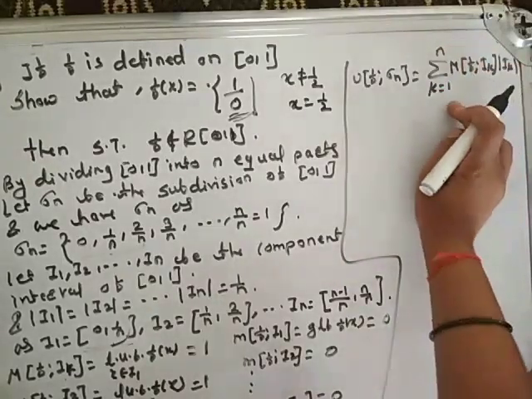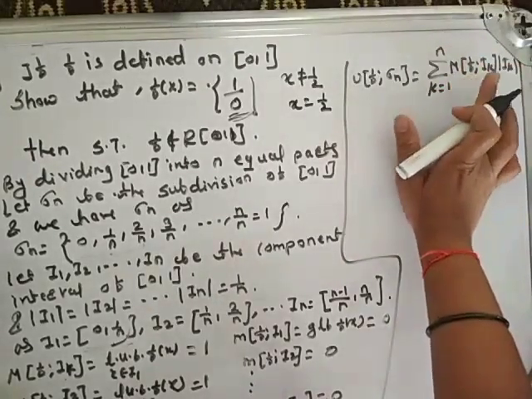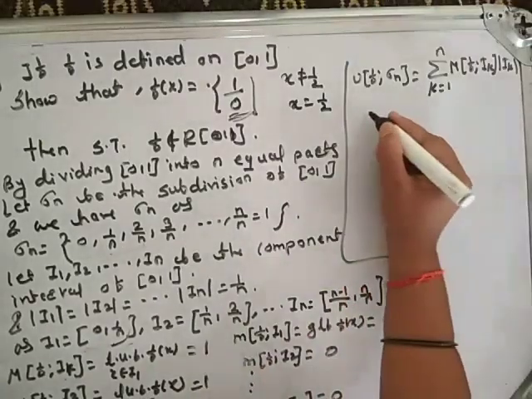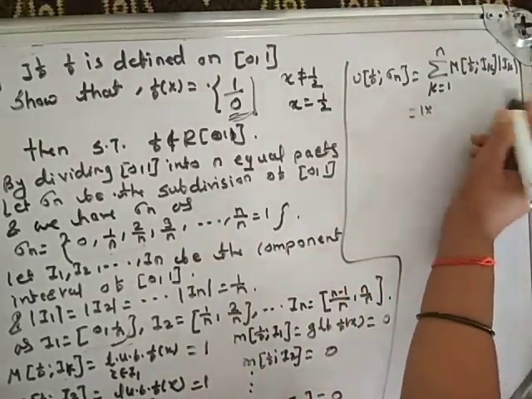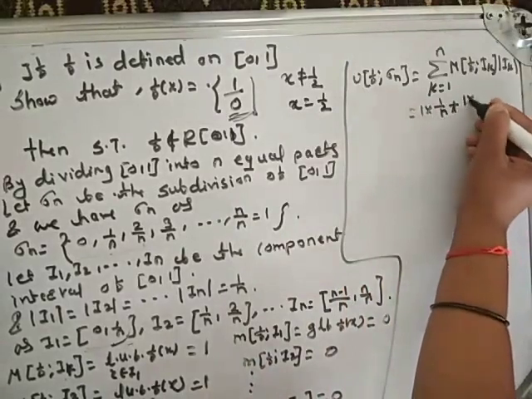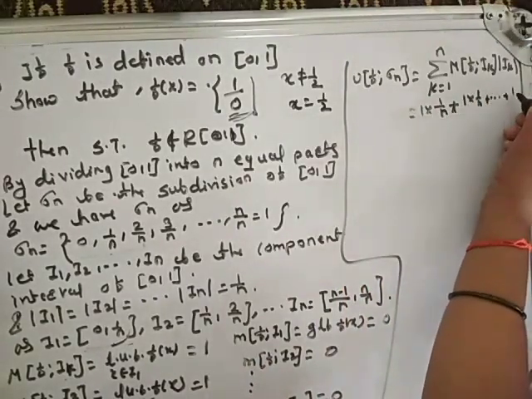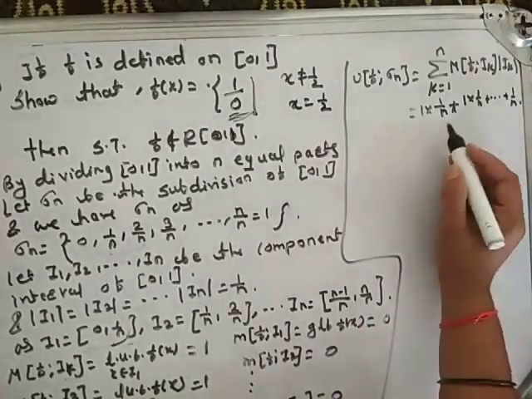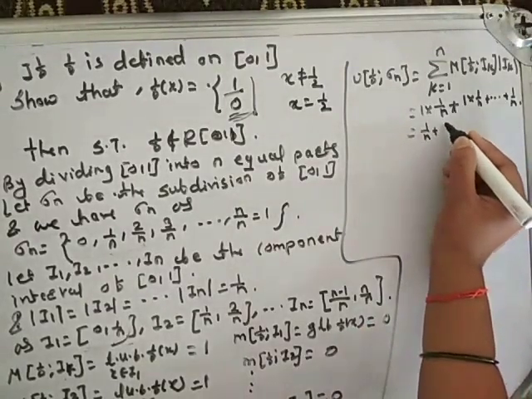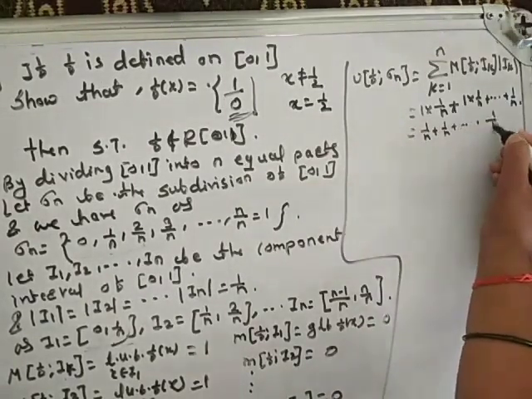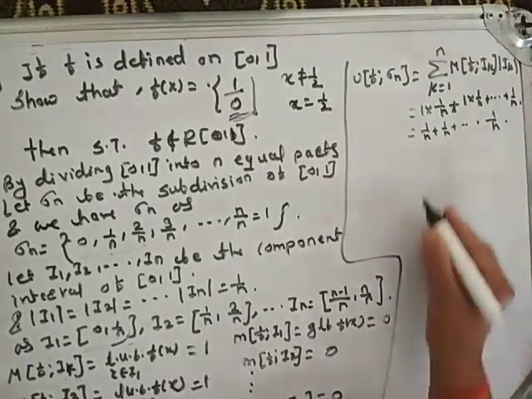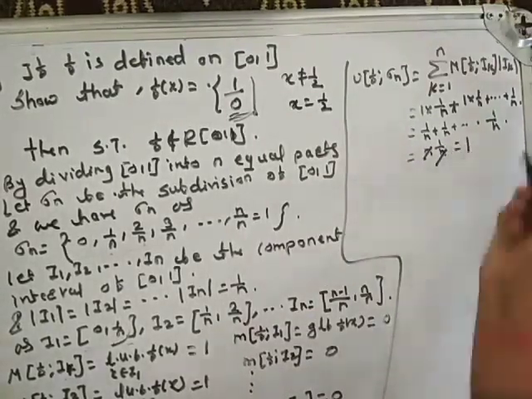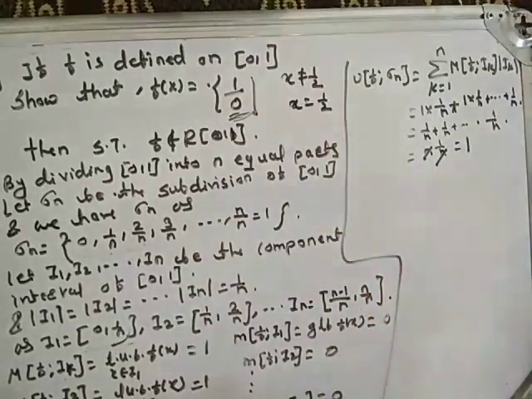If you put k equal to 1, it becomes M(f, I1) into |I1|, which is 1 into 1/n, plus 1 into 1/n, plus and so on up to plus 1 into 1/n. Okay, this is nothing but 1/n plus 1/n plus and so on up to plus 1/n, n times, so this becomes n into 1/n, which is nothing but 1. So we get U(f, sigma n) is equal to 1.